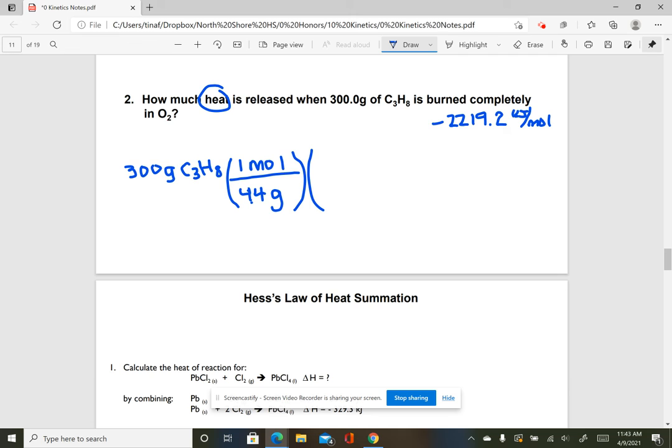So now I have to take my delta H and say, okay, for every 1 mole of propane, I'm releasing 2219.2 kilojoules of energy. I don't want you guys to get caught up in this negative number. You can't release a negative amount of energy.